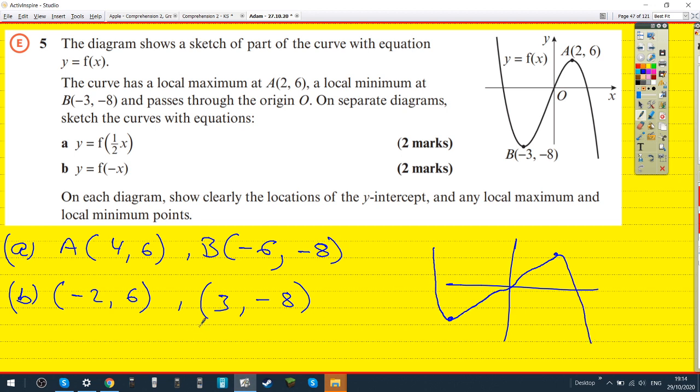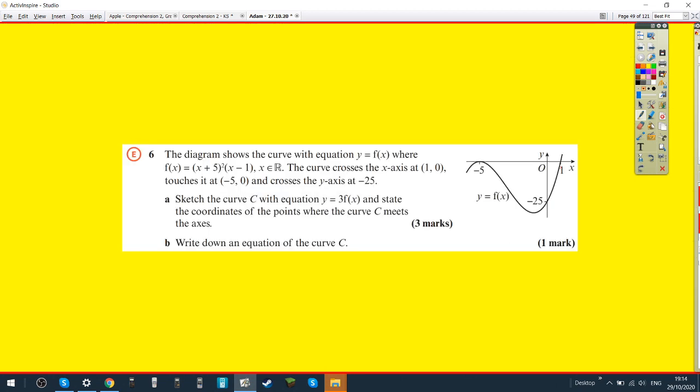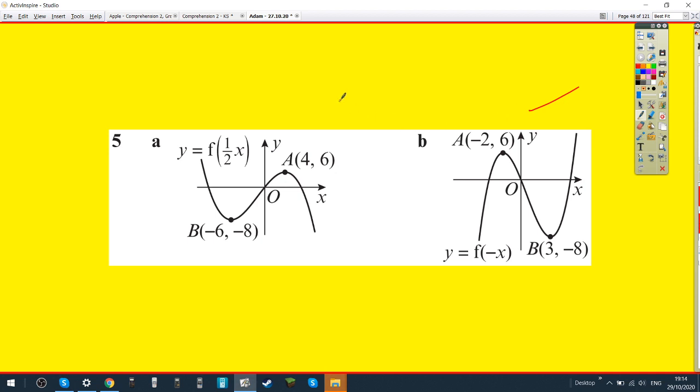And this one: 2, 6 became -2, 6. -3, 8 became 3, 8. So the y stayed the same. So it's just a reflection in the y-axis. Is it like that? Yeah, it's kind of like that. Great.